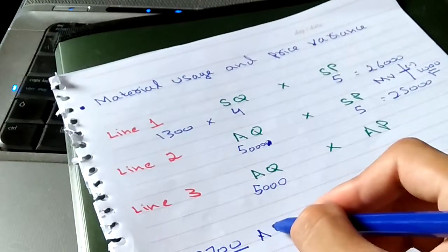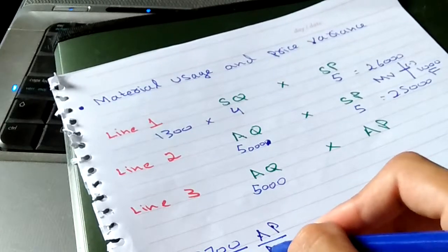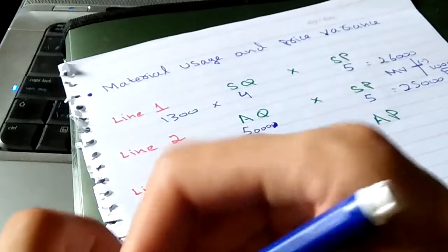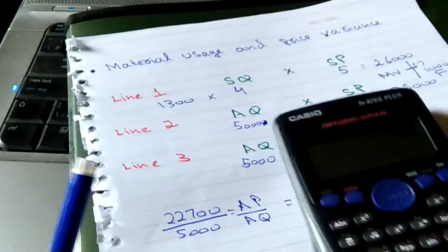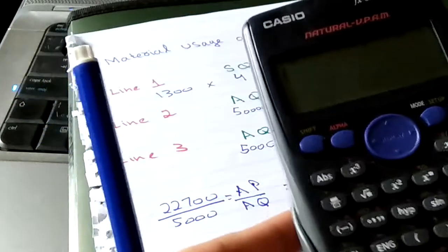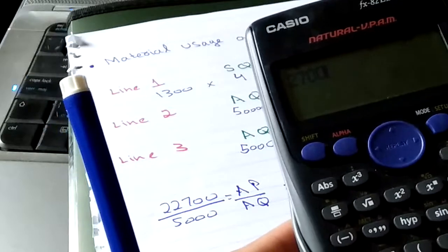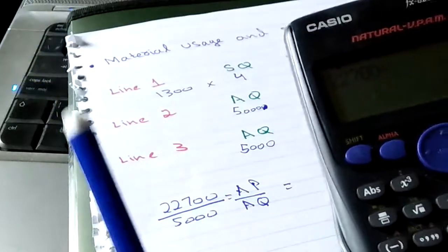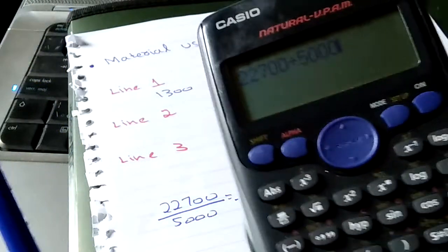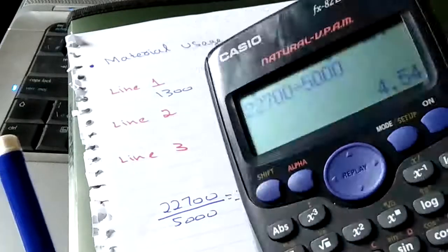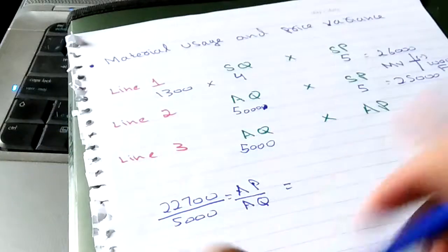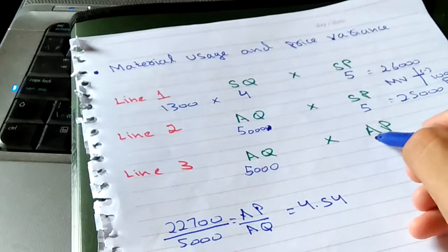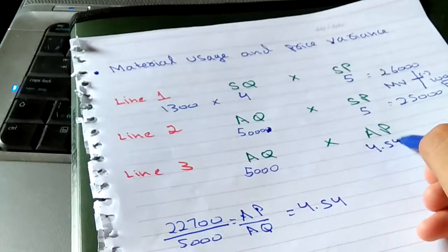This is actual cost divided by the actual quantity. Let's see what comes by dividing these values. 22,700 divided by 5,000, and we get 4.54. So we have the actual price now, 4.54.